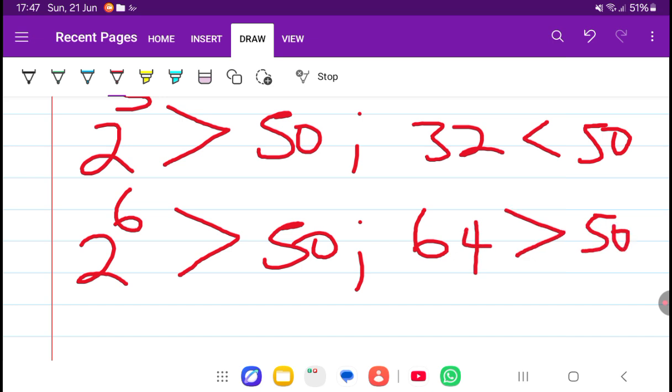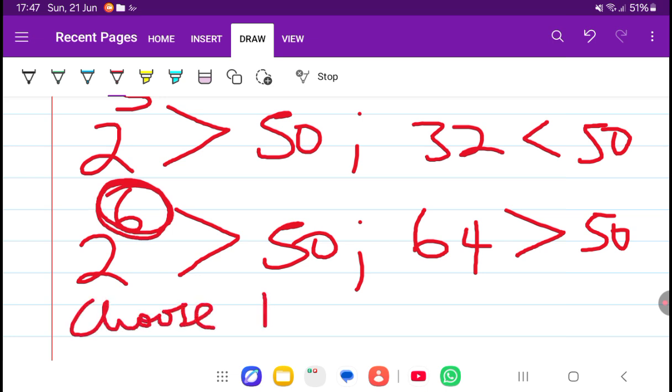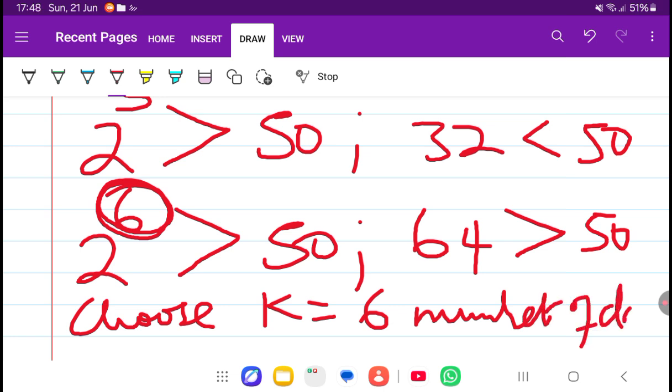So I can actually take a 6. I can assume that my classes are going to be 6. So you can choose k equal to 6 number of classes, because I've satisfied this condition that this is greater than this.